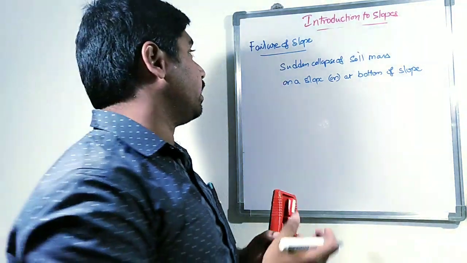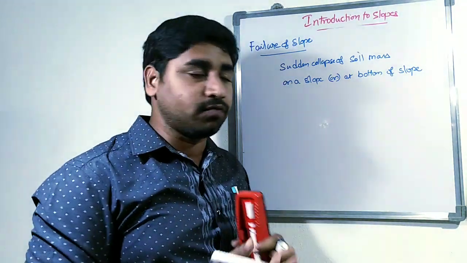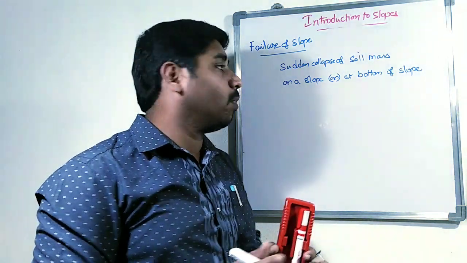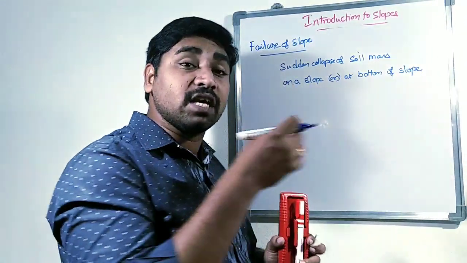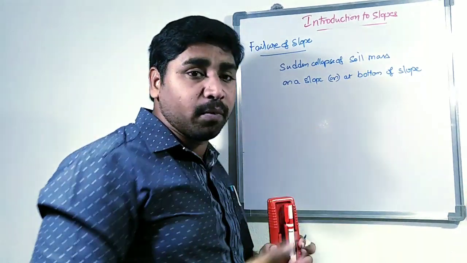We can simply say that failure is nothing but sudden collapse of soil mass on a slope, where on a slope means on the surface of a slope or at the bottom of the slope.